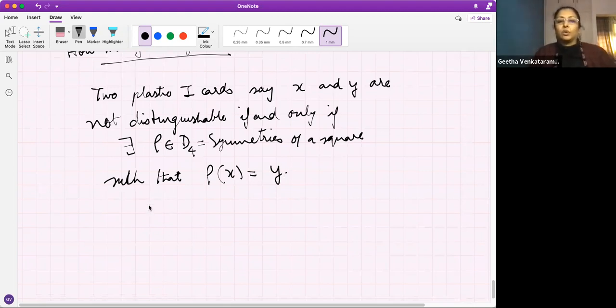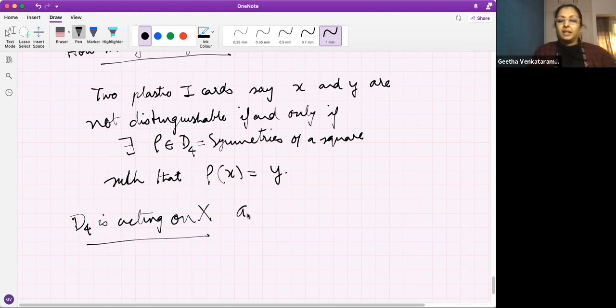So basically what we are saying, in other words, is that D4 is acting on X, and this is the same thing as saying that little x and little y belong to the same orbit.